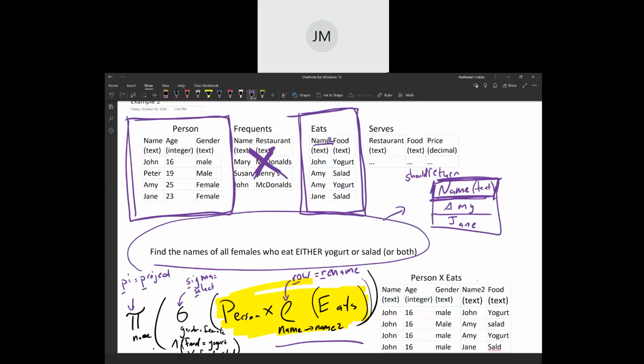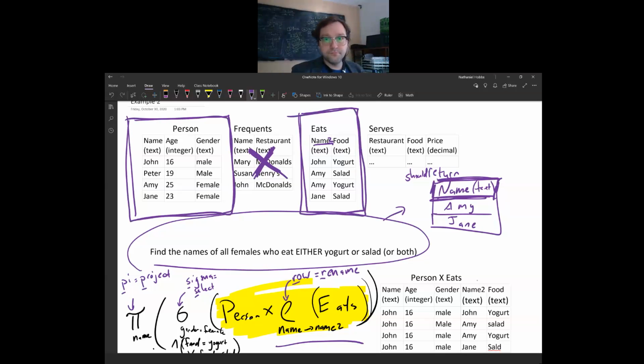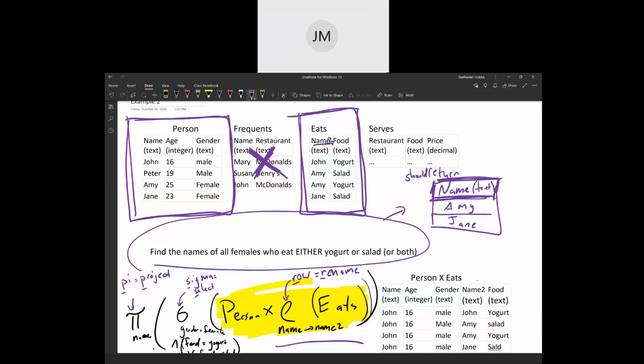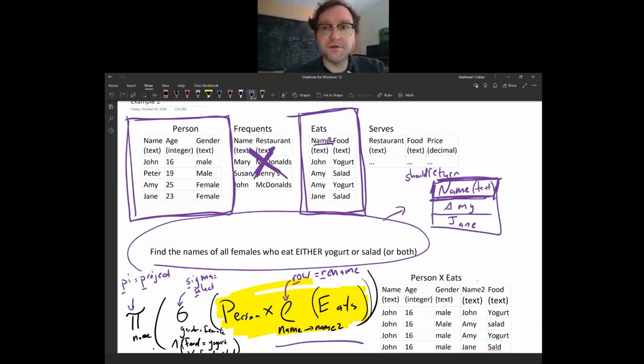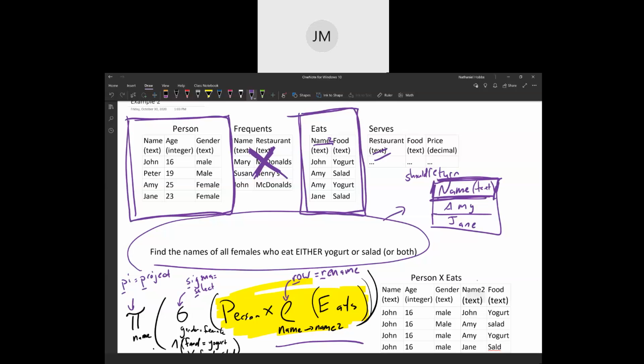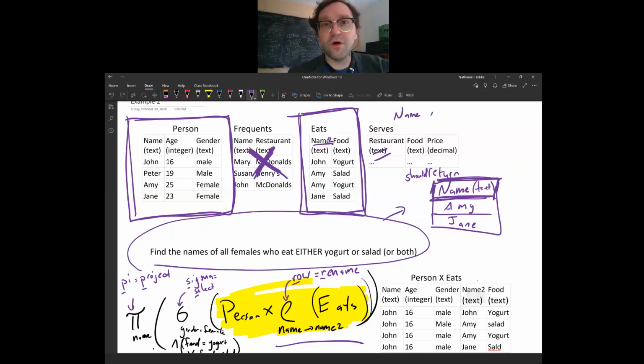Is it a whole new table that has age and gender in it as well, or is it only the relevant information like name and food? No, it has all of them. Okay, so it'd be name, age, gender, name 2, food. Yep. So this will result in a new relation that has name, age, gender, name 2, food.